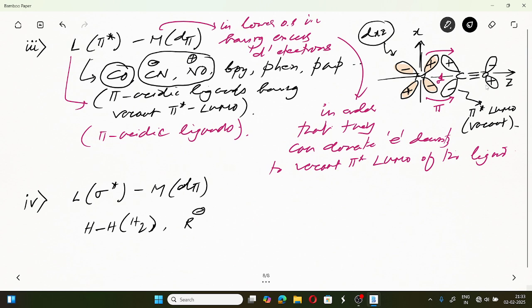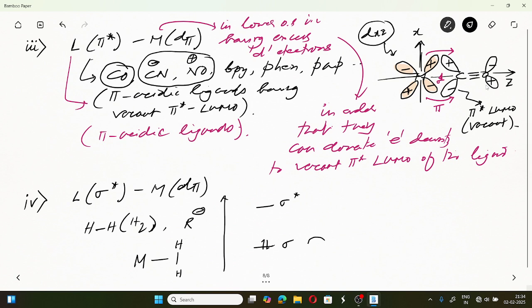Now in this type of pi bonding, the bond formation with hydrogen is like this, the hydrogen bonds in this way. If you look at the molecular orbital energy level diagram of the H2 molecule, you already know that there is a sigma and a sigma star molecular orbital, and this sigma orbital is filled to capacity.